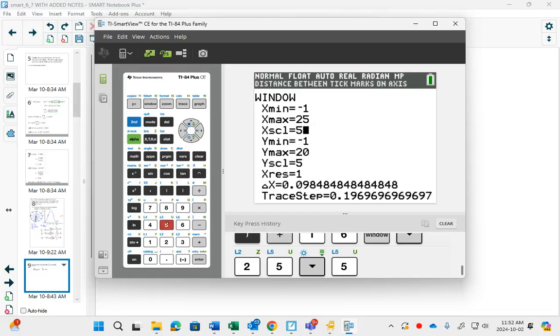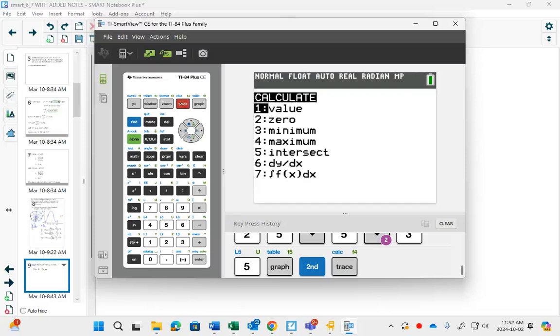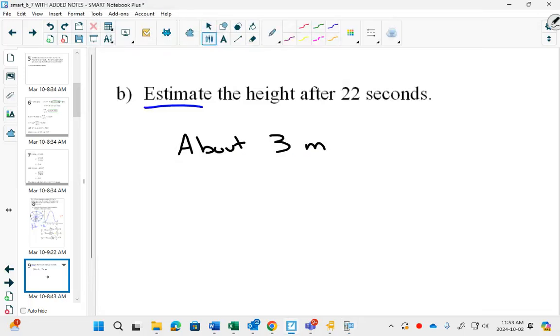My scale for x is going by 5s. We went up to 31, so I'll go up to 35. Here's my roller coaster. I want to find out at 22 seconds, so this time I'm calculating the value when x is 22. What is y? 3.86. So we were pretty close.